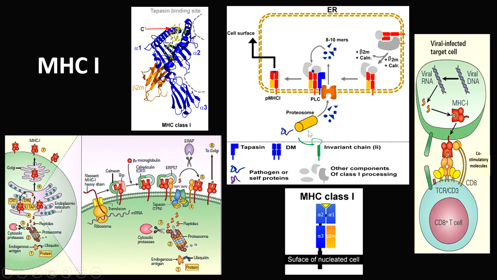So directly from this proteasome, these peptides are incorporated by this transporter into the ER, where these MHC1 molecules are synthesized. Tapasin physically helps to link the MHC1 molecule and the TAP transporter. As the peptide enters from the cytosol, the cleft of the class 1 molecule receives it.